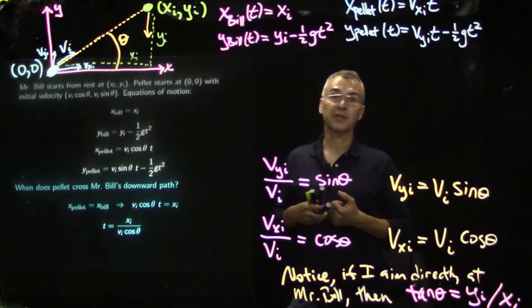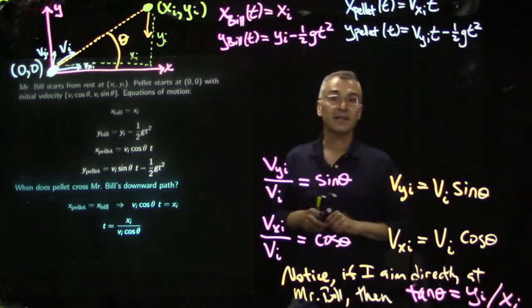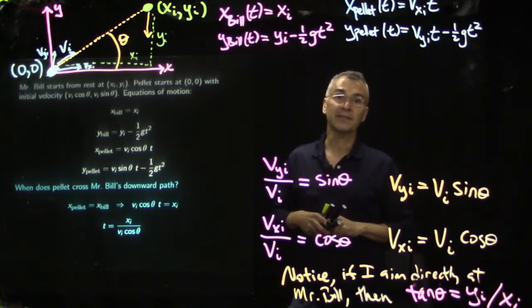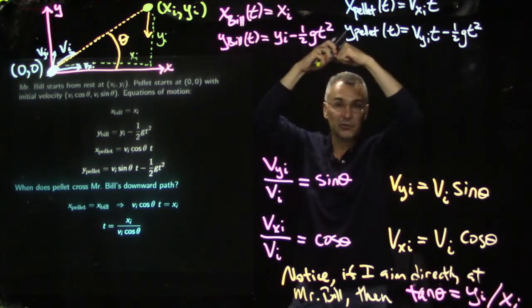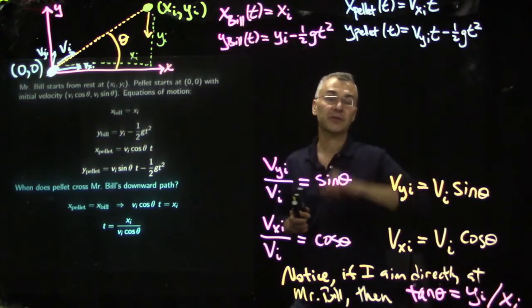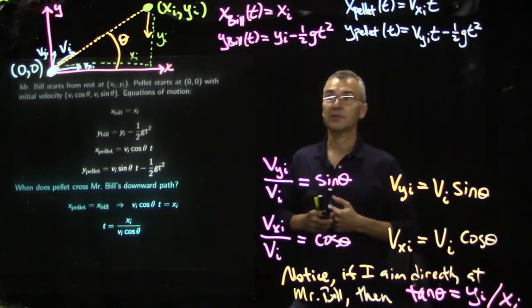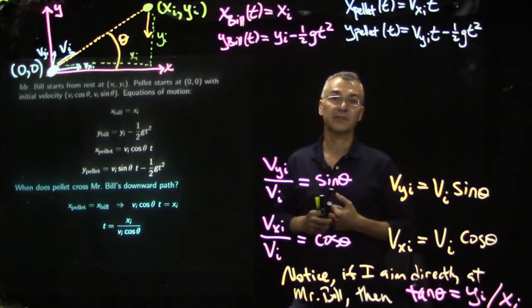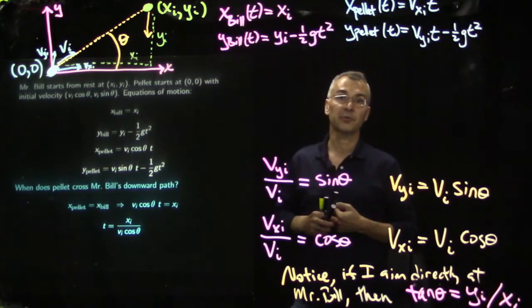In real life, it's because there's a little electric circuit that causes the little electromagnet that is holding Mr. Bill onto the stand to disengage. So at the very instant when the pellet comes out of the pellet gun, a little electrical contact is unplugged, and that causes the electromagnet to turn off, which then causes Mr. Bill to let go of the little stand that he's holding onto and to fall directly downward.